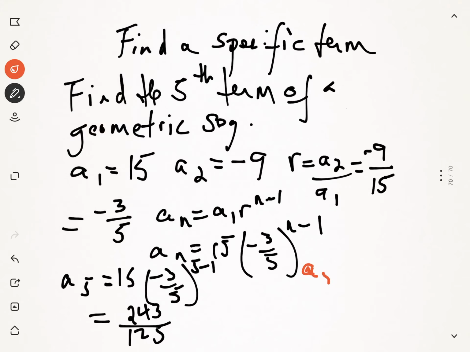A5 equals 15 times minus 3/5 to the power of 4. And then from there, that's how we end up with this.